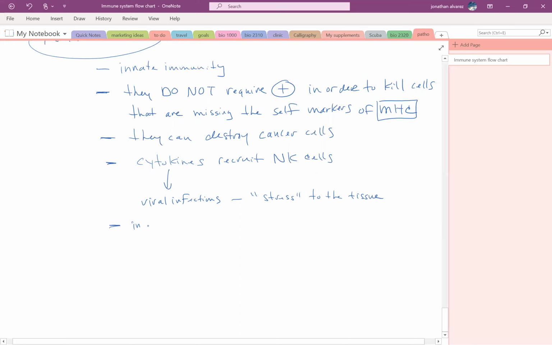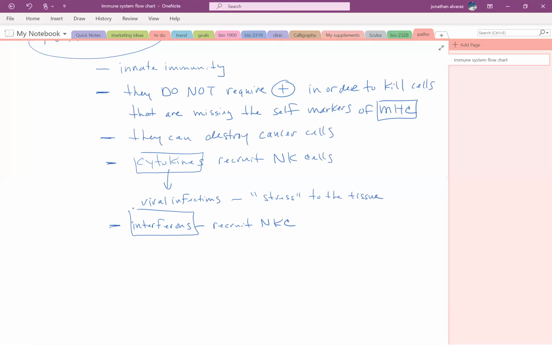Interferons also recruit your natural killer cells. And I think we'll talk about interferons in a little bit. Okay, so natural killer cells are produced in the bone marrow.